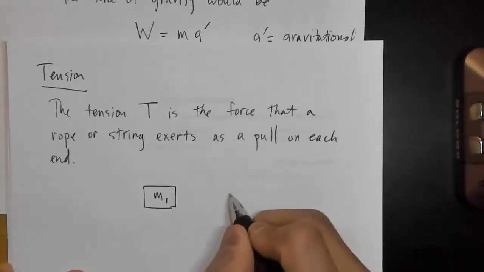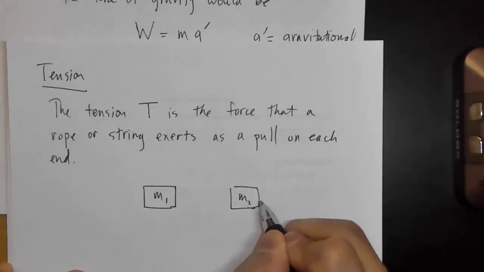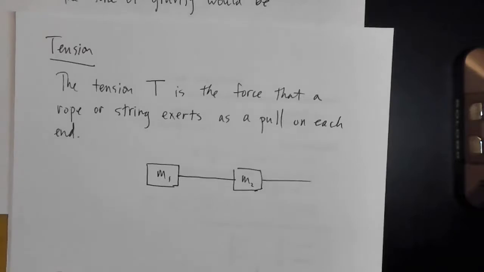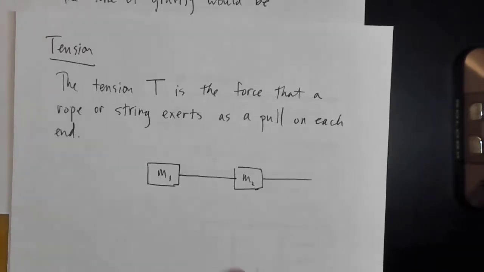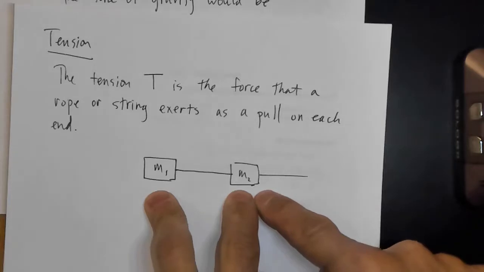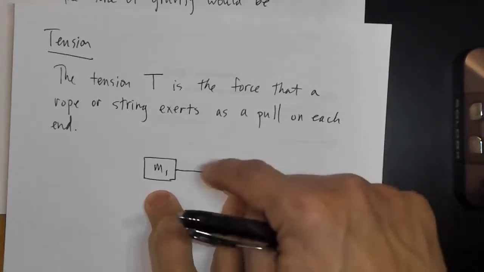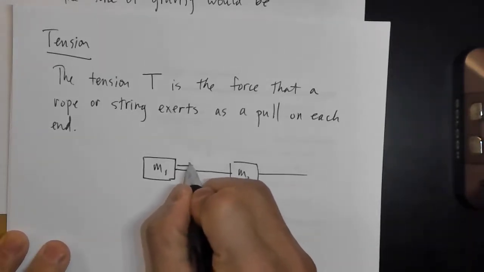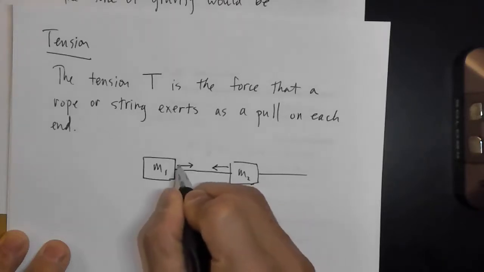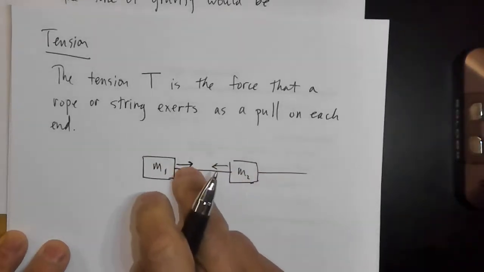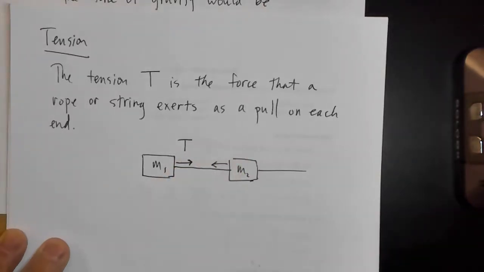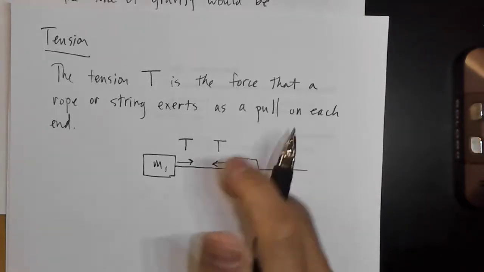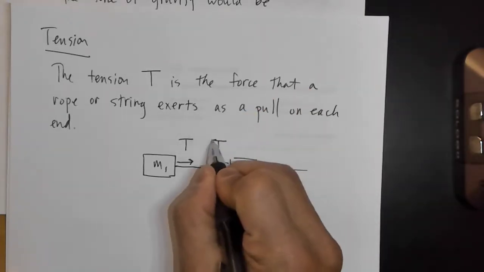Suppose I have a mass here, I have a mass here. Maybe there's another string pulling on this side, but I'm going to focus on the string between the two masses, and there will be some tension in this string. So imagine having these two masses, and I pull on this, then there will be some tension in between the two masses in that string. And what it will do is it will pull like this. It will pull on the mass m1 to the right with force capital T pointing to the right, and it will pull to the left with the magnitude capital T on mass number 2.